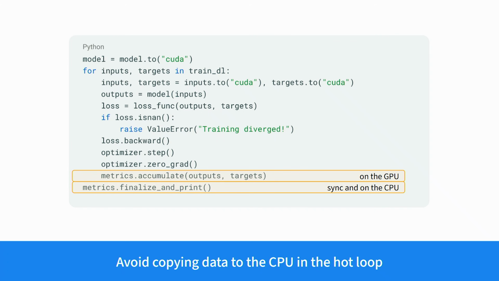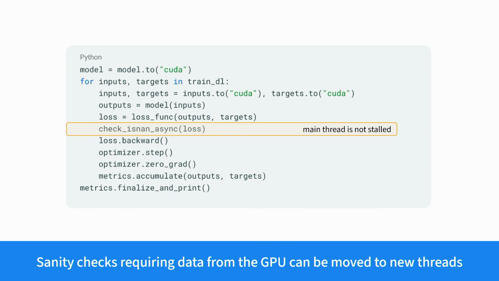For the next one, we can check whether the loss is NaN asynchronously. So instead of blocking the main loop, waiting for the loss is NaN check to run, we do the check and eventually stop the loop at some point in the future. So this does change the behavior of our code, but if the loss was NaN, the training is going to blow up anyway.